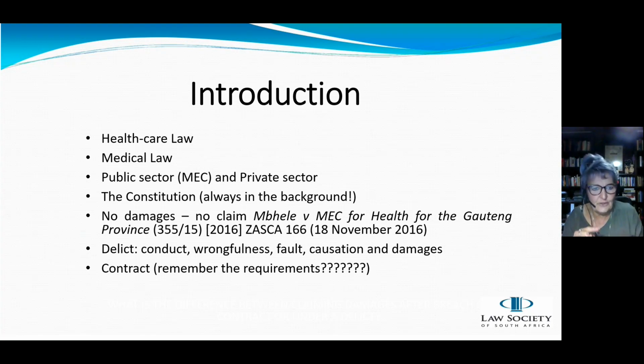So you have to prove the doctor acted, he acted wrongfully, he was negligent, there is causation, there is a link between what happened and the damages that the patient suffered. You must prove all of those. And the difficulty in medical negligence is to prove causation and to prove damages.